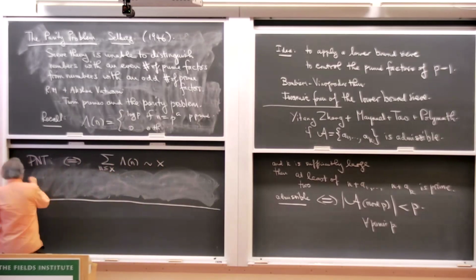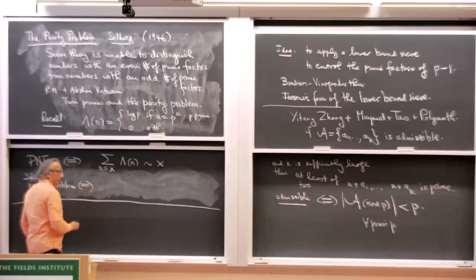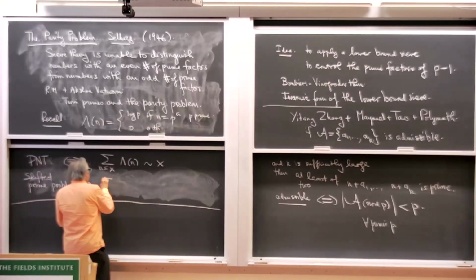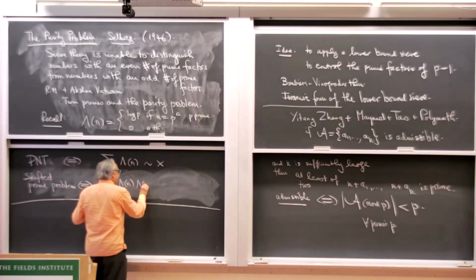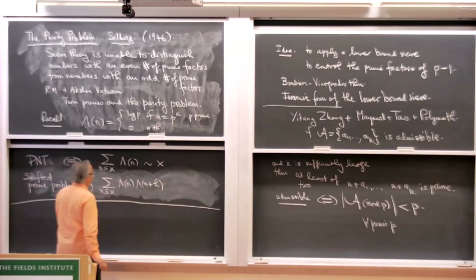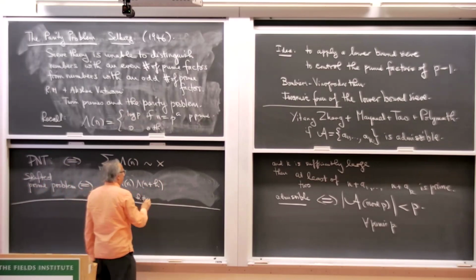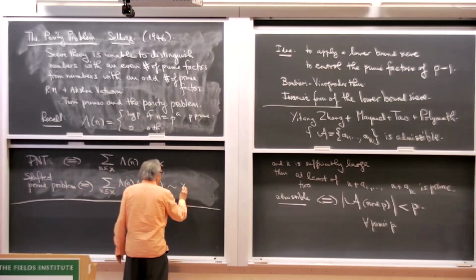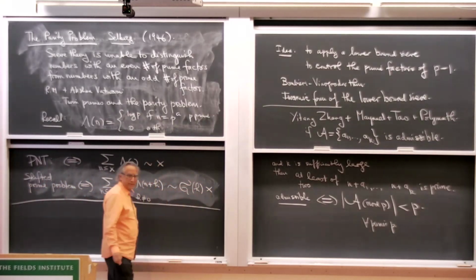The twin prime or shifted prime problem, a la Hardy and Littlewood, is the assertion that if I have some shift h which is not 0, then the sum of lambda of n times lambda of n plus h should also be asymptotic to some singular series times x as x goes to infinity.